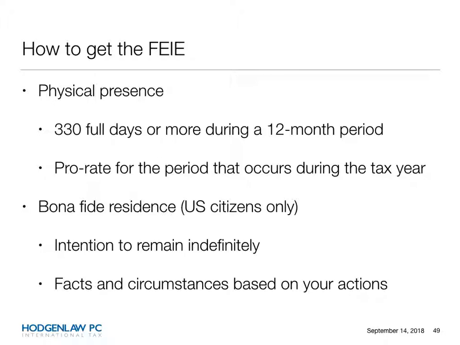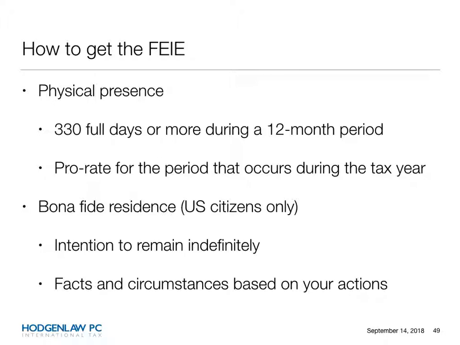This physical presence test requires 330 full days or more during a 12-month period, not necessarily a calendar year period, and the exclusion is prorated for the period that occurs during the tax year. So you can count 330 days from 2016 to 2017. Not necessarily has to be all in 2017.